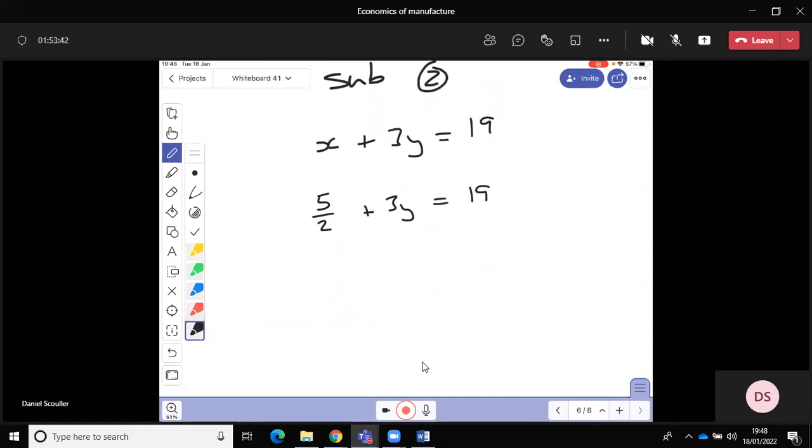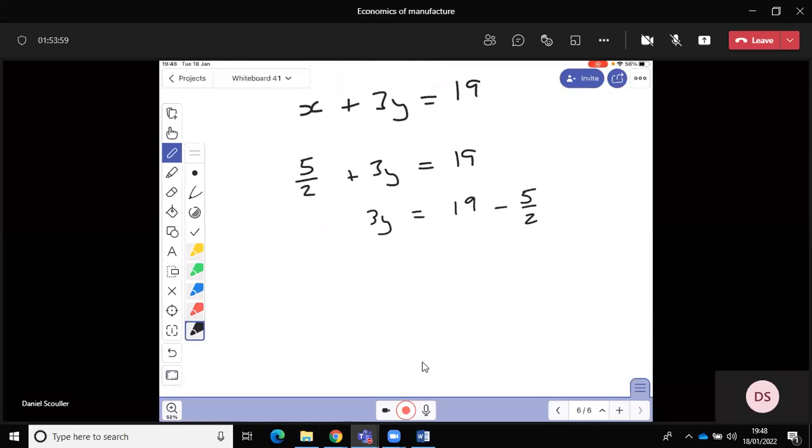Then it's just a case of rearranging and working out 3y, so we're trying to isolate y. Move that 5 over 2 over: 19 minus 5 over 2. Remember, any whole number can be written as a fraction.